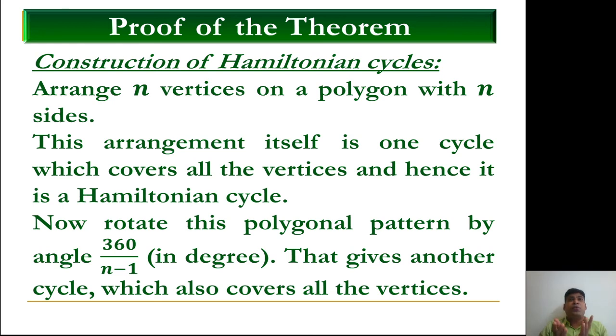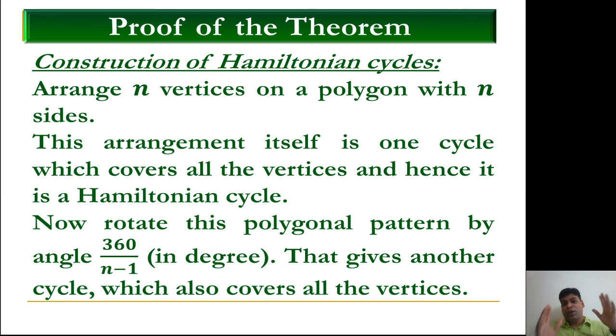That means the angle of rotation should be 360 by 8. The total polygon has an angle sum of 360, right? We have rotated just one step. There were 8 in the problem, and we rotated it just once. That means the angle of rotation is 360 by 8, right?